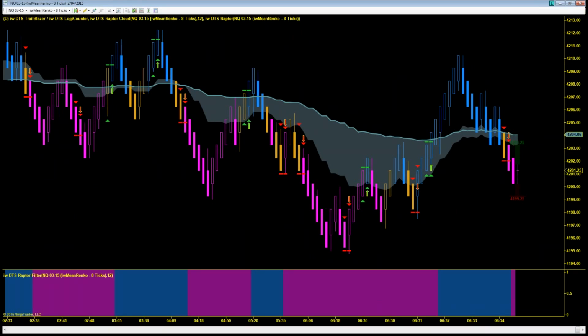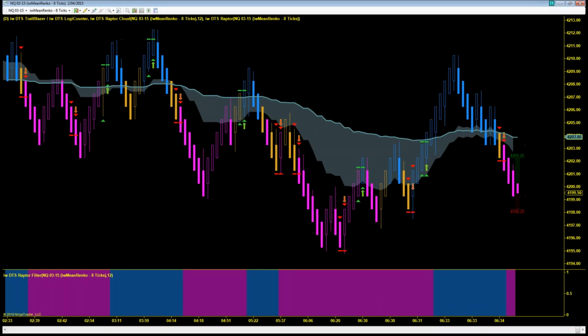Now you're going to notice that we don't necessarily take every single signal. Some signals are stronger than others. So it might look a little bit confusing at first, but really it doesn't take that long to get used to it. What we're looking for in most cases is confluence.